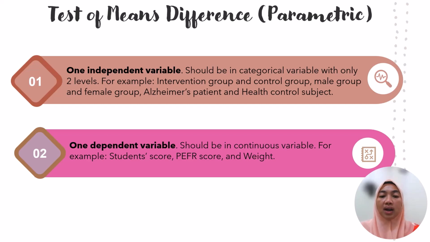The second one is one dependent variable, which should be a continuous variable, for example students' score, PEFR score, and also weight.